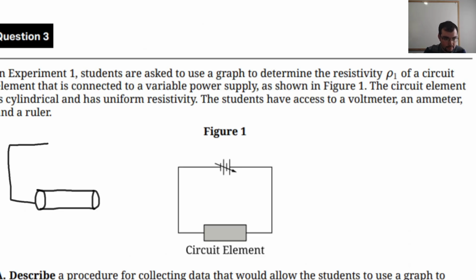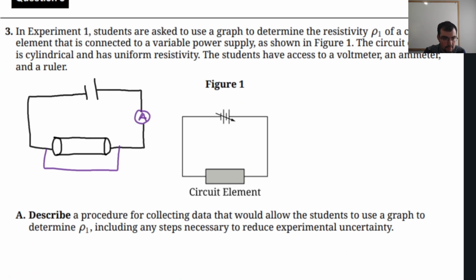Our general setup is going to be measuring the current through and voltage across this resistor type object. Can I line this up properly? Yep, I can.